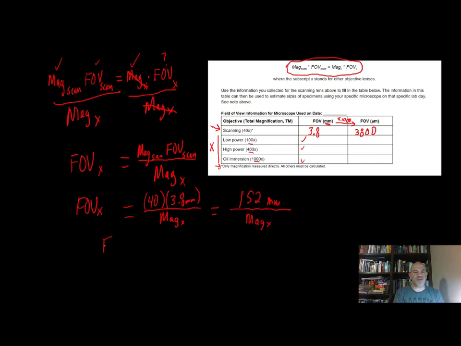So let's say we're going to try to figure out the field of view, not just for anyone, but for low, okay, for this microscope. All I have to do now is put that number that we saved from the top, which is 152 millimeters, and we're going to divide by 100 because that's the new magnification there. And when you do that and you run it in the calculator, you get 1.52 millimeters.